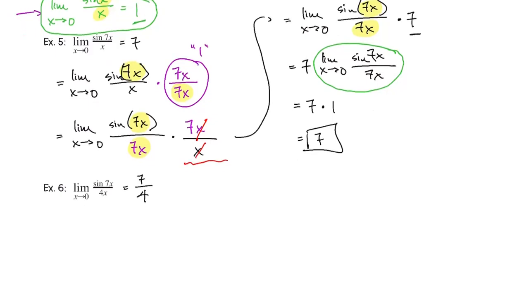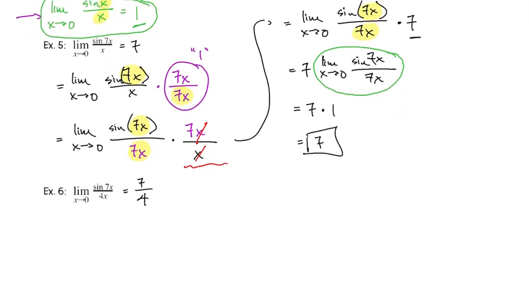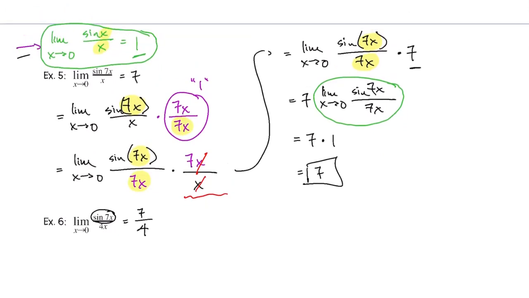All right. So let's try number 6 using the same idea. What we're going to be looking to build here is, if at some point I could find sine 7x over 7x, that would allow me to use this rule, or this picture.